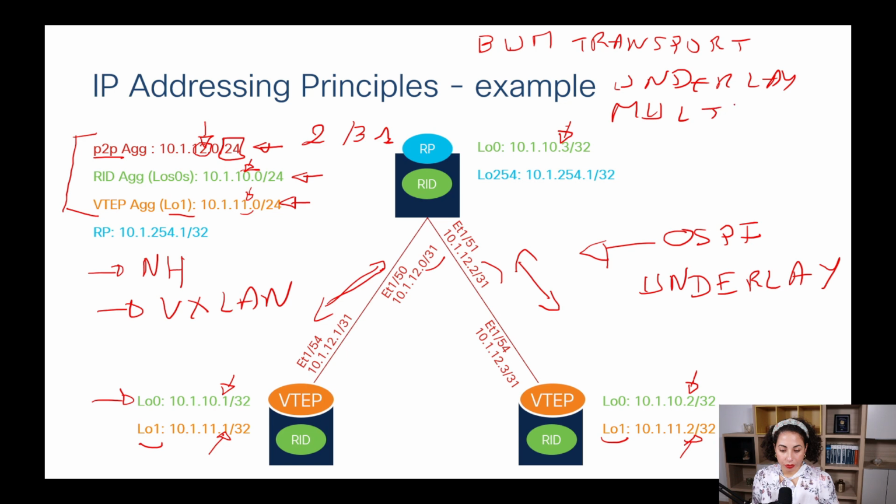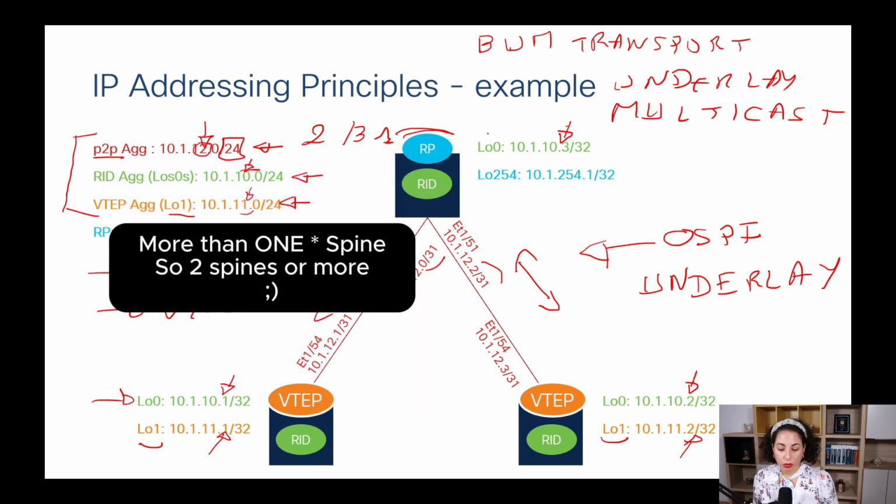And for that, we will be needing a rendezvous point. Now, obviously, we have just one spine, so we will have just one rendezvous point. In a typical production environment, we would obviously have 2 spines, so the 2 spines we would configure as rendezvous points.